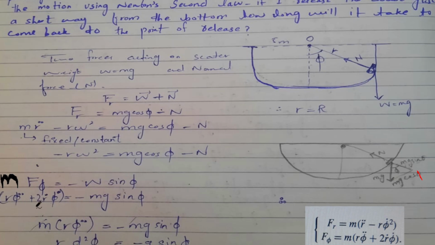After putting these values, due to the radius being a fixed constant, we get 0. The m and this m cancel out each other, and the second derivative remains.